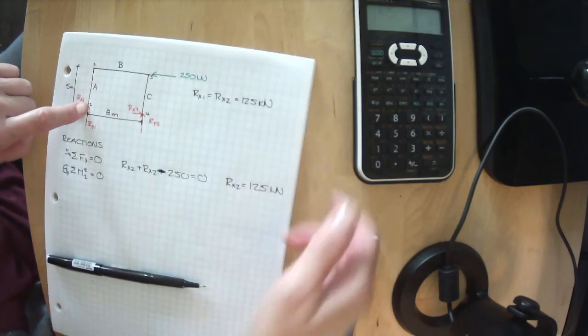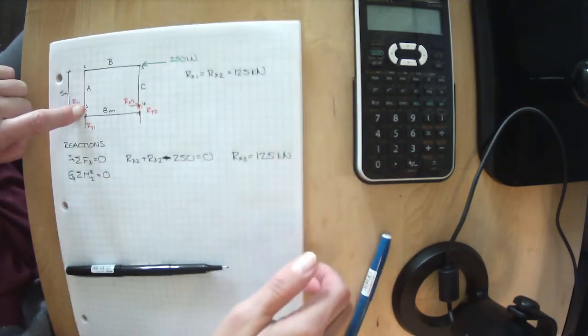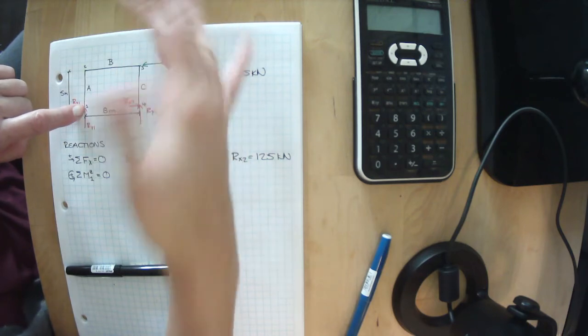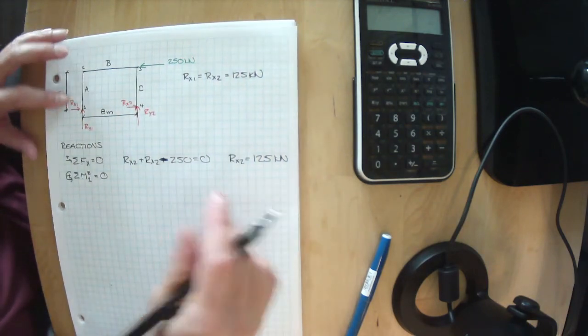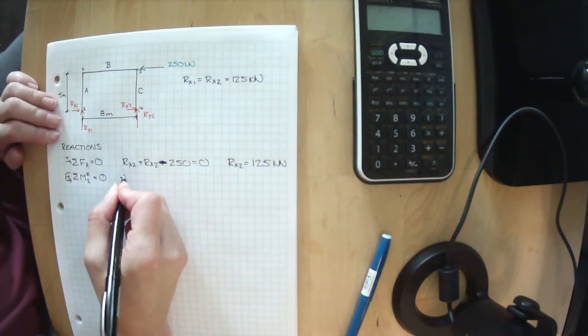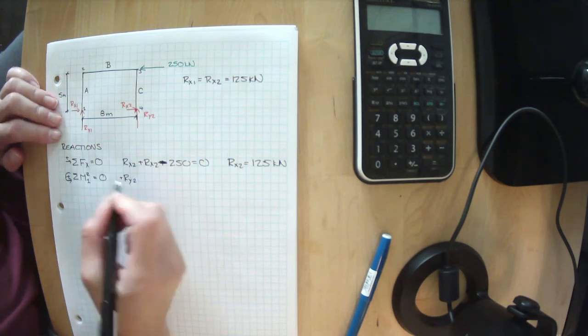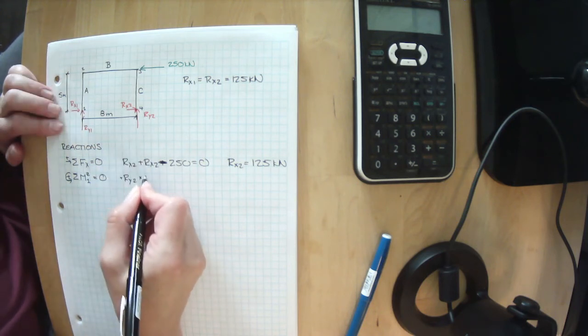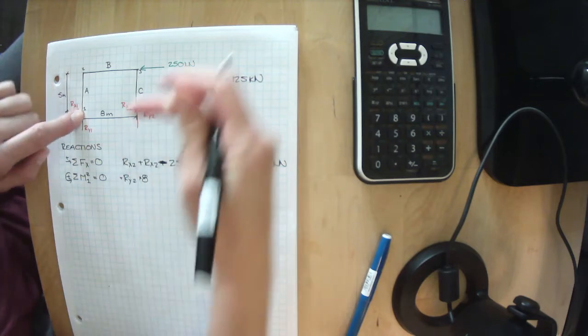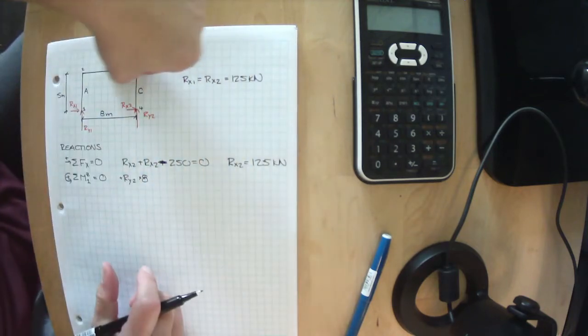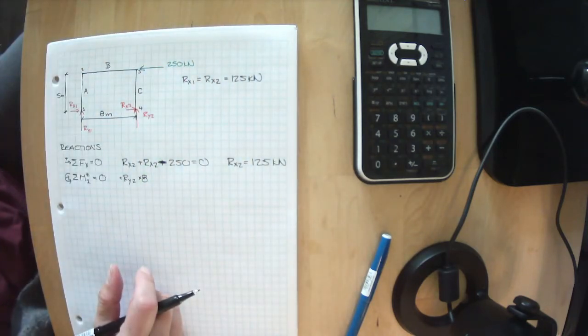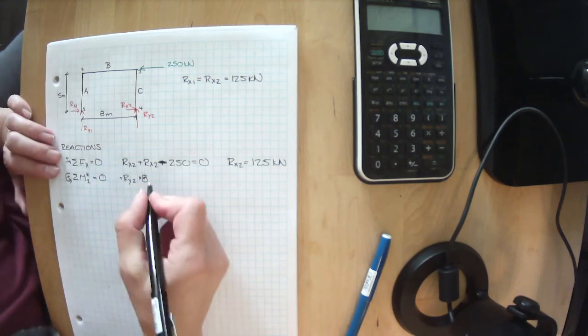Both are trying to spin this in this direction, which is positive. So we have plus Ry2, and it is 8 meters away, and we have our 250 kilonewtons passing along that way, and it comes 5 meters away.